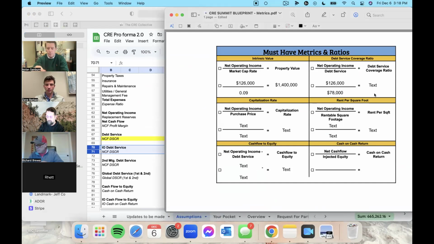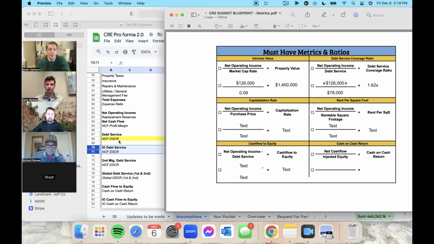Now we just got to figure out what that ratio is. 126 divided by 78,000. What'd y'all get? 1.62. Now, that's a pretty strong debt ratio. And not to mention, this building is at $450 a foot.